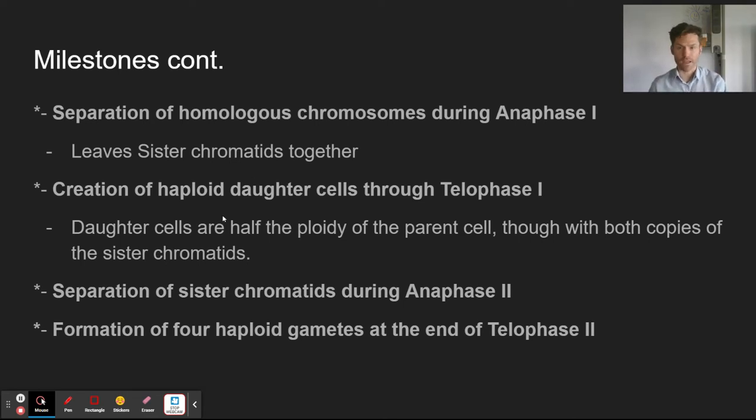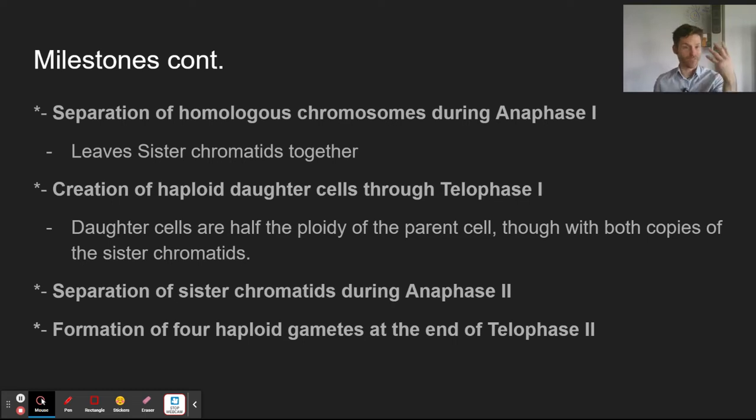The daughter cells are half of the ploidy of whatever the parent cell is. We typically talk in terms of diploid because we're diploid. A lot of animals are diploid, a lot of plants are diploid, but there's a bunch of plants and a bunch of organisms that aren't diploid. You can have multiploidy, like fourploid.